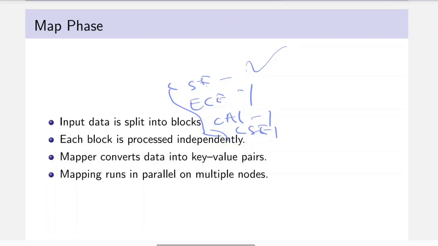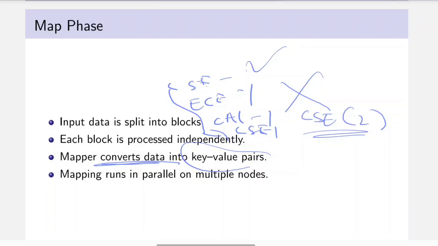Map treats them as separate, even though they are in the same department. It initially maps every student separately, even if they are in the same branch. So each student record is processed separately, and then the mapper converts it into key value pairs. In this example, CSC having 2 is a key value pair.